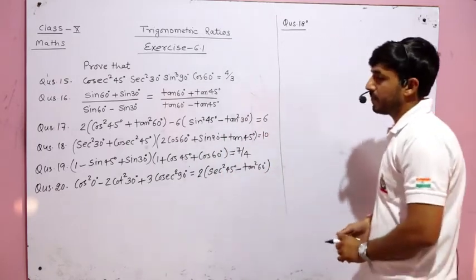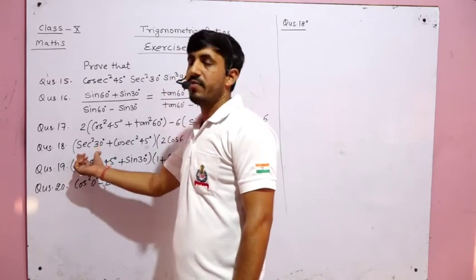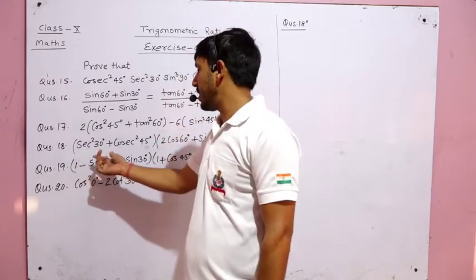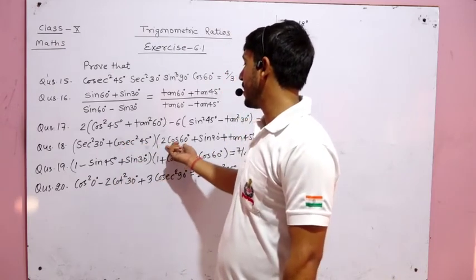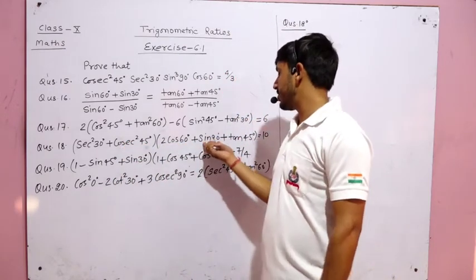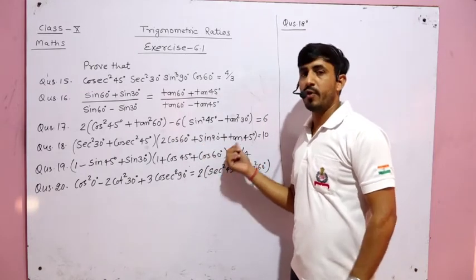Then first we need all the values of trigonometric ratios. As we can see here, we need the value of sin 30 degree, in the next we need cosec 45 degree, in the next we need cos 60 degree, sin 90 degree, and last one is tan 45 degree.